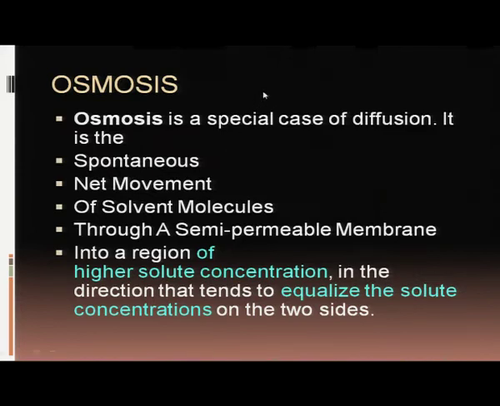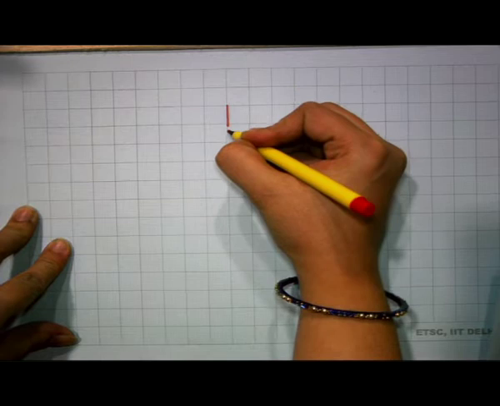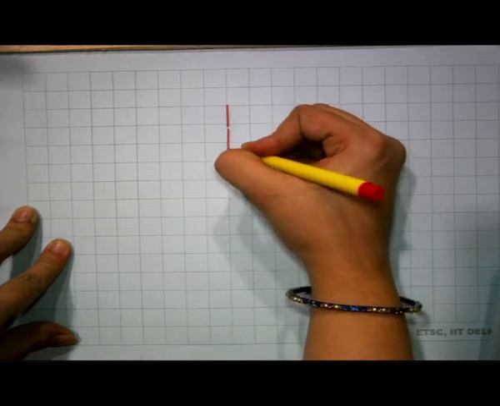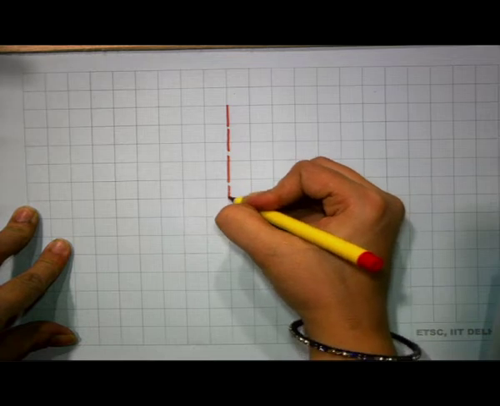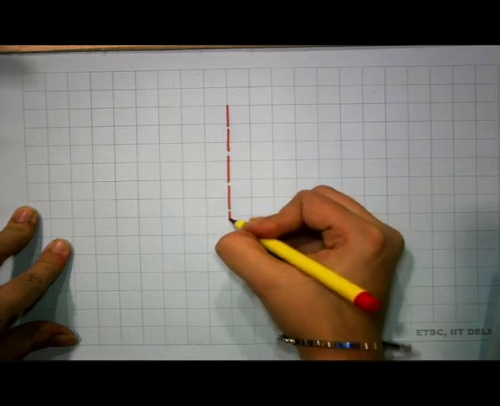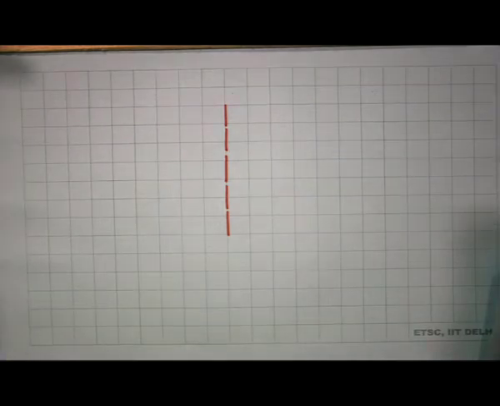Suppose this is a system containing a lot of water, and here a semi-permeable membrane has been placed. Now, the semi-permeable membrane, what is its property? It allows movement of some particles but not all. So, it will restrict the movement of some particles and allow some others to move.